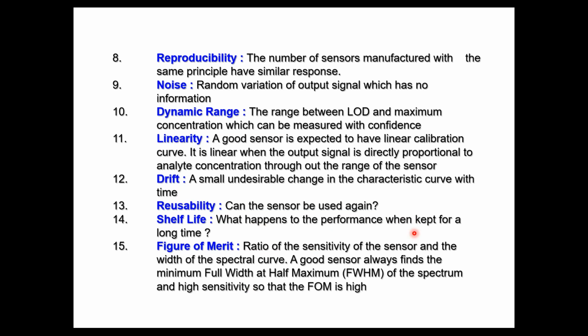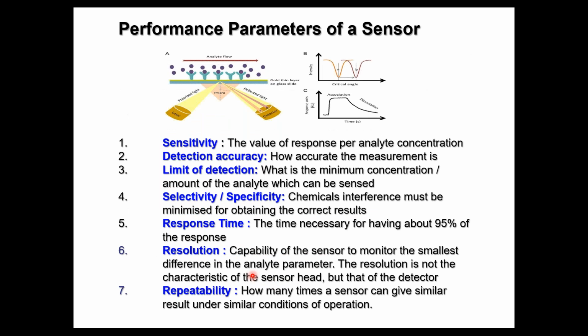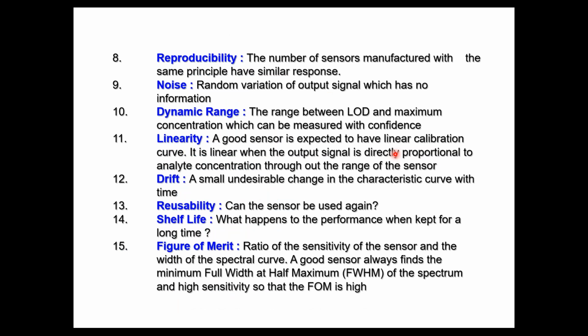Shelf life: what happens to the performance when kept unused for a long time? The figure of merit: the ratio of the sensitivity of the sensor to the width of the spectral curve, which is very specific to this kind of sensor we are talking about. But there are 14 to 15 such performance parameters for any optical sensor that is to be studied.